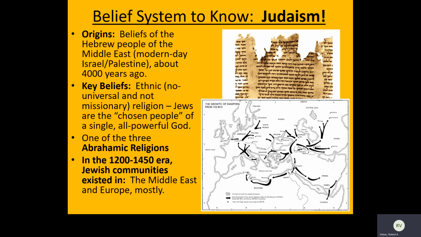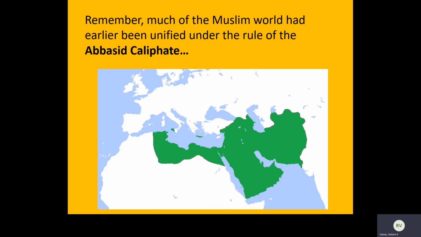However, there were key minority communities of Jews, especially in the Middle East and in Europe in this time period, and we'll run into them again in a little bit, partly as a result of the diaspora, or the spreading out of Jews from the original homeland of the Hebrews around the city of Jerusalem, throughout the Middle East and North Africa and Europe and beyond, for a variety of factors, including the Roman defeat of the Jewish rebellion about 2,000 years ago. So that's an important religion and belief system to know.